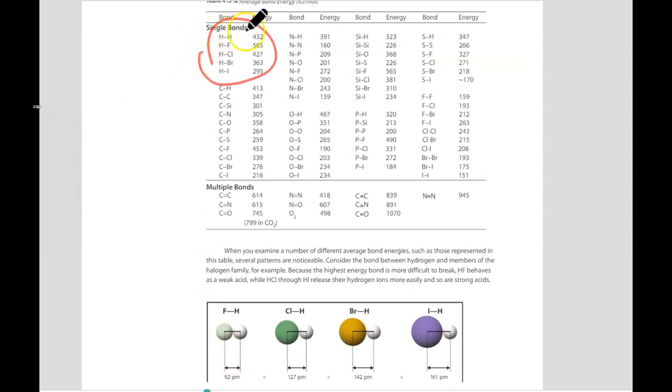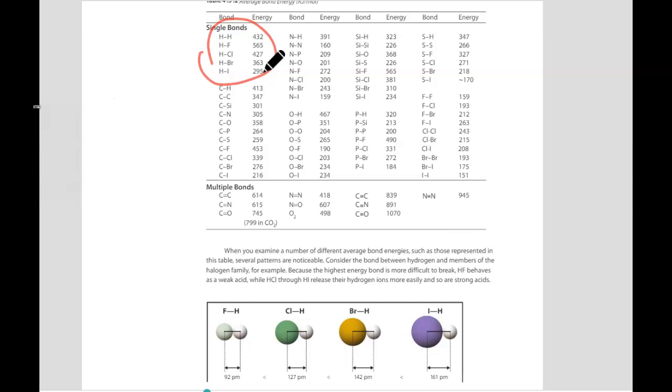Another trend to notice is in this red circle. The HF bond has a greater energy value than the HCl, which is greater than HBr and HI. And that has to do with the sizes of fluorine, chlorine, bromine, and iodine. We'll learn how to predict relative sizes when we get to our periodic trends unit, but the HF bond has the most energy associated with it because the distance between the H atom and F atom is the least.